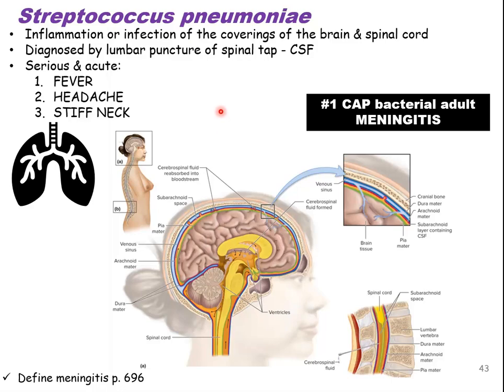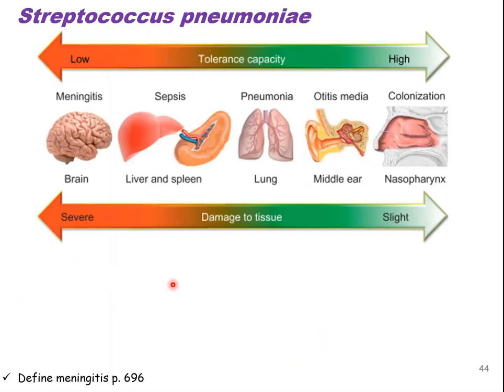So it's number one for community-acquired pneumonia, typically in older people, number one cause of bacterial adult meningitis, and also number one cause of death by infectious disease. You might be wondering about people who are colonized; that just means their body has a high tolerance and they are not doing a lot of damage.